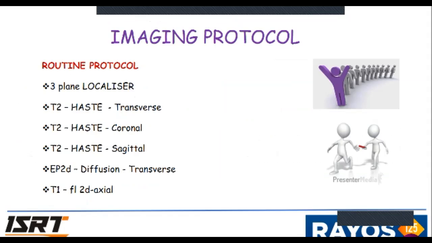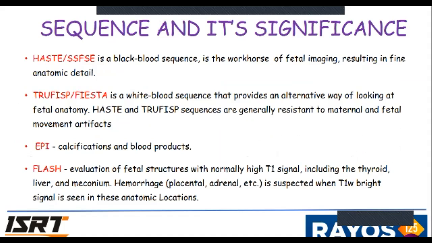The routine protocol includes a 3-plane localizer and 3-plane HASTE, which is in axial, coronal and sagittal, and we go for axial diffusion and axial FLASH 2D sequences. Here, HASTE is a black blood imaging, which is the workhorse for fetal imaging for fine anatomical structure, whereas FIESTA is a white blood sequence that gives an alternative way to look at the fetal anatomy.